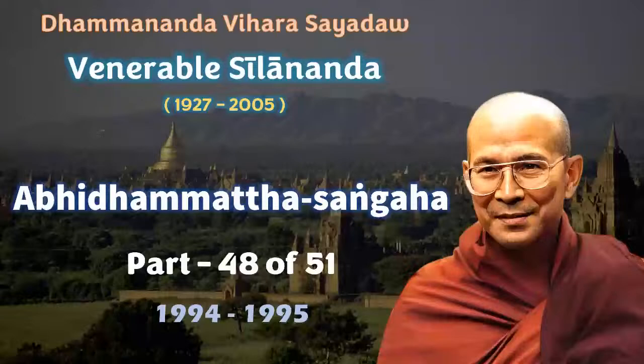Then number 5, both real. What is the example? I consciousness. I is real, consciousness is real. So it is real by real. And then the last one, unreal by unreal. A king's son. Now a king is unreal and the son is also unreal. So according to this classification, there are 6 kinds of nama panyati, name concepts.